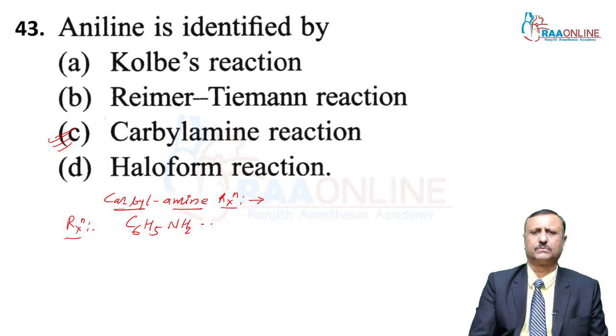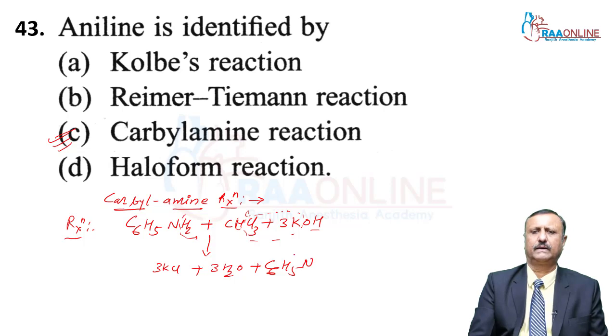This C6H5NH2 reacts with chloroform and KOH. Then you can see here, this is the chlorine atom, thrice KCl. You can see here, this hydrogen atom, this OH is removed, and thrice H2O is removed, and you get C6H5 and NC.